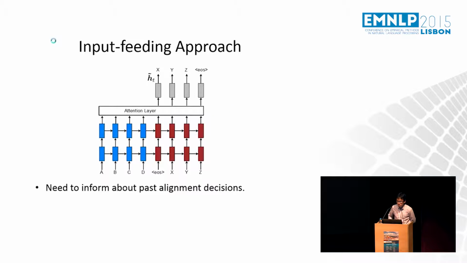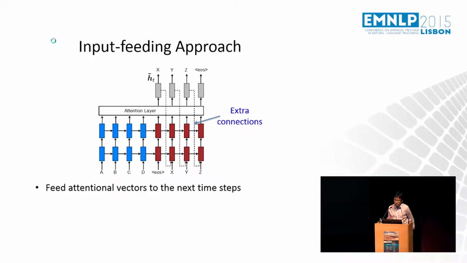So we really want to inform the model about past alignment decisions. And in this case, we just feed the previous attentional vector all the way down to the input of the first layer at the next time step.